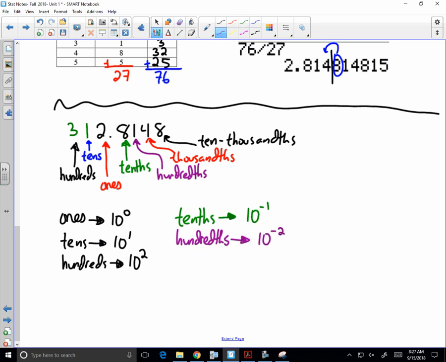The 10 to the negative first is equal to 0.1, which is 1 decimal place. The 10 to the negative second is 0.01, which is 2 decimal places.